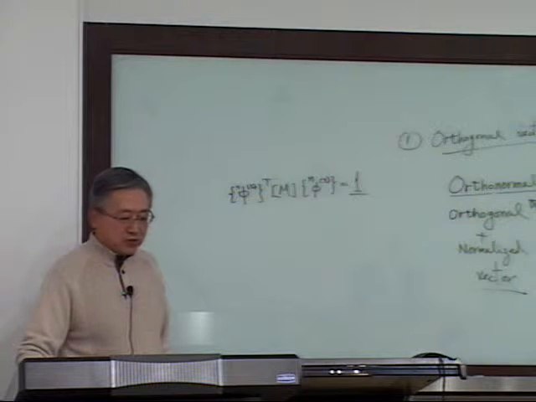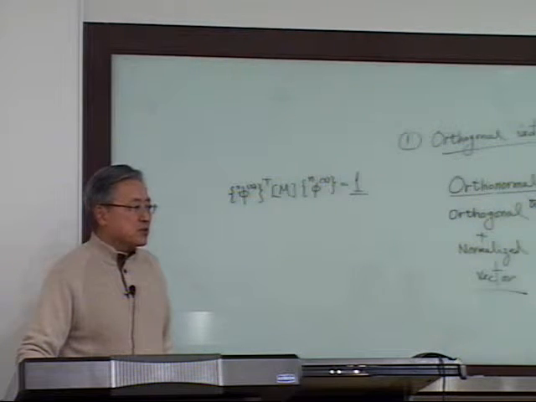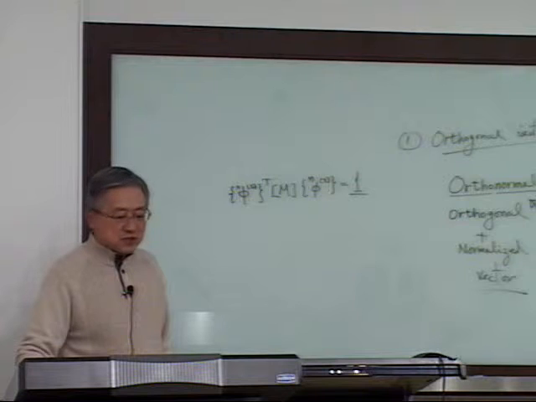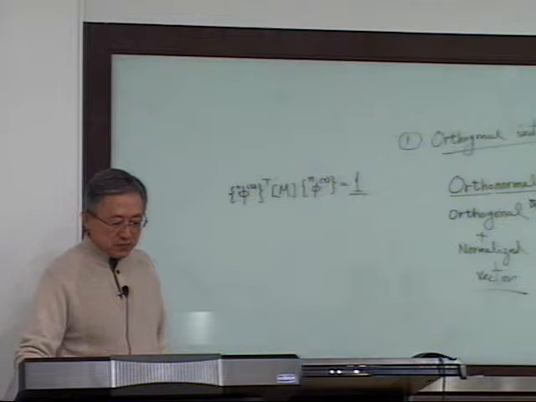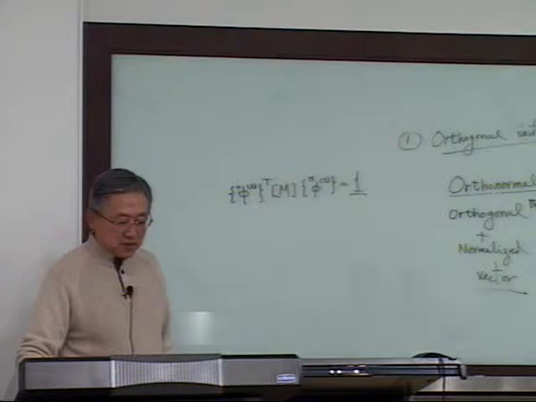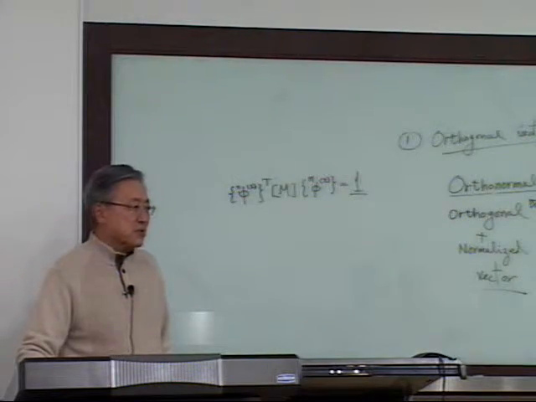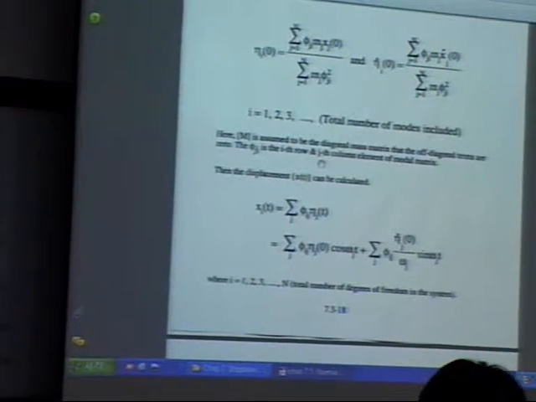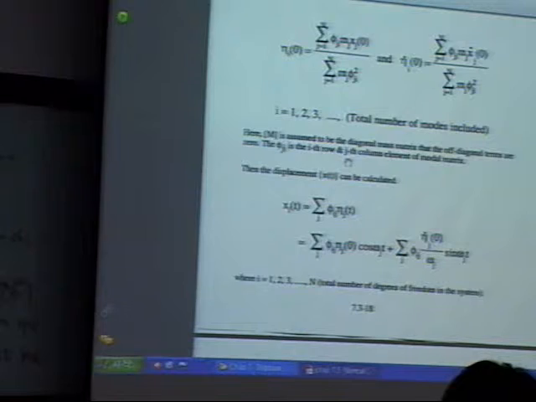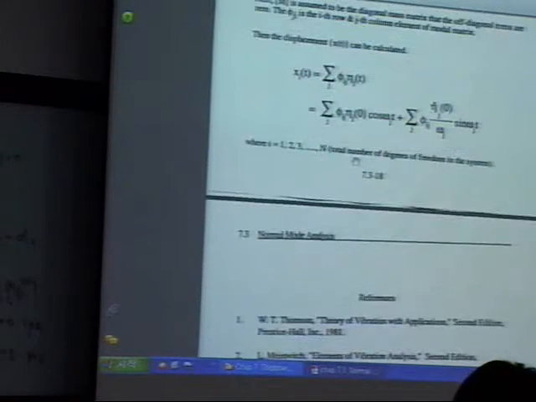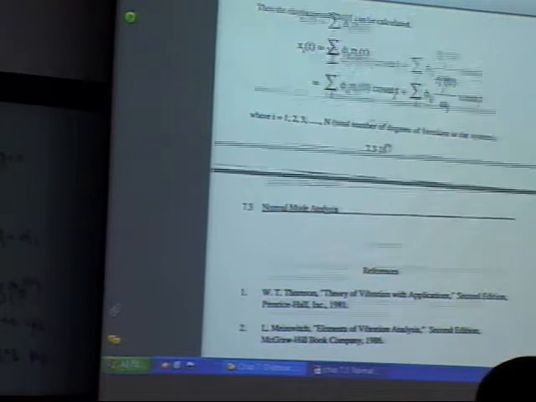Then you can convert the initial condition in physical space right into the modal space. Then you can solve the problem. That's what I'm showing over here. But you are not really going to have a chance to solve this, except to get the modal properties, natural frequencies, and the modal shapes, things like that.